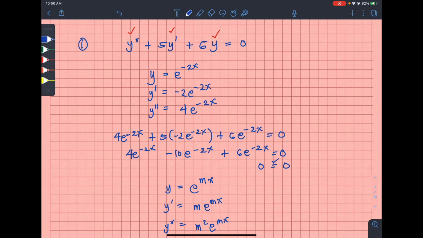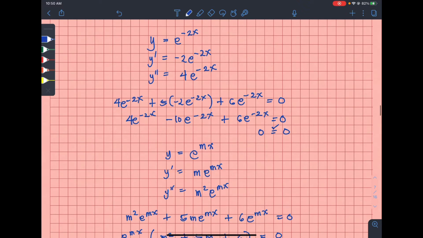The degree is still the same; the only difference is the numerical coefficient of the given function. That is why in determining the solution of a differential equation, usually the solution would look like this: y equals e raised to mx. The only difference is just the coefficient m.